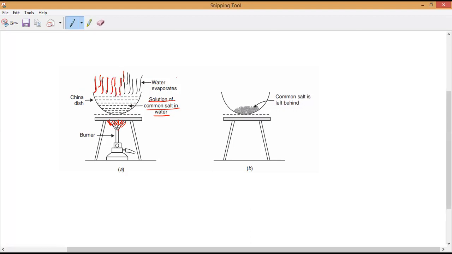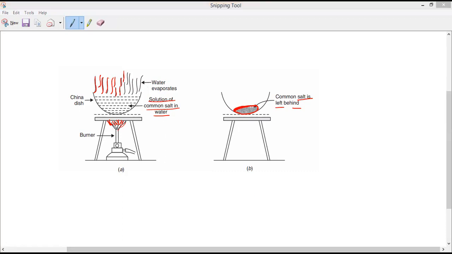If you keep on heating, once the water completely evaporates, some solid substance is left at the bottom of the China dish. What is this called? Common salt is left behind. This is the evaporation process.